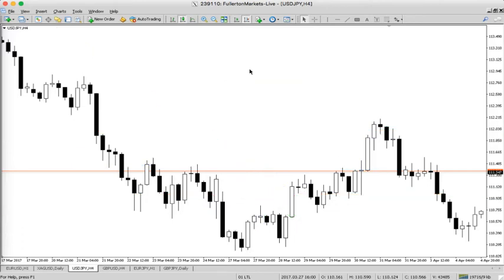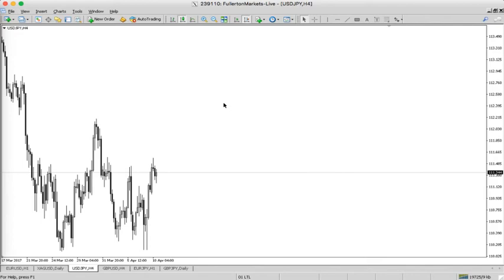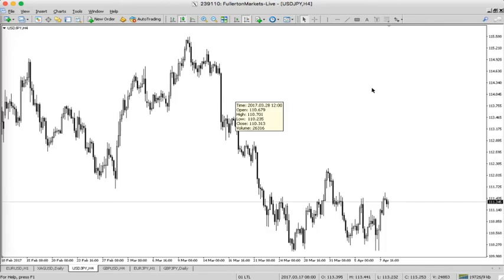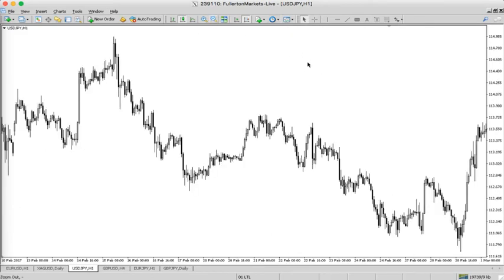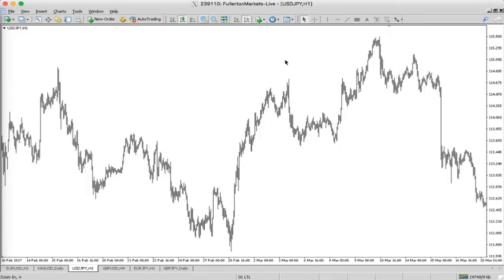There are a few requests on dollar yen, various time frames. So what I'm going to do is scan through the dollar yen various time frames and pick one that I find suitable for me.